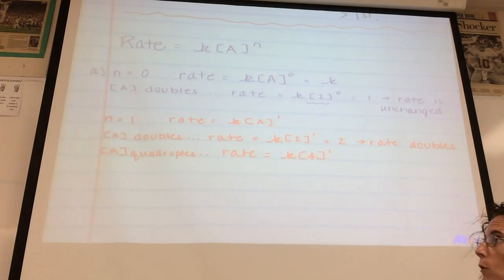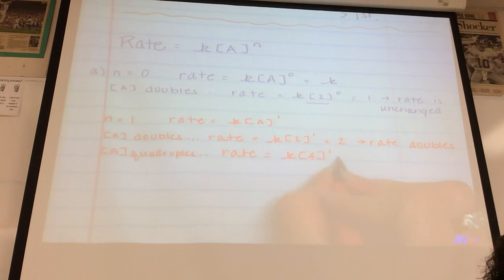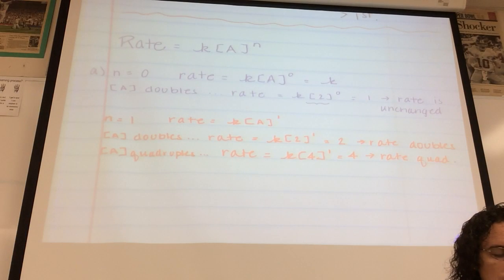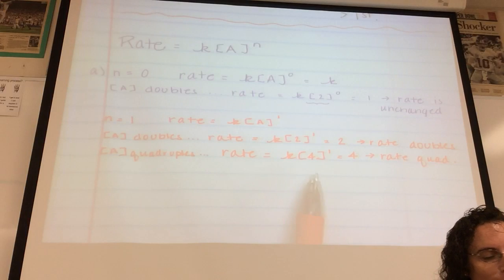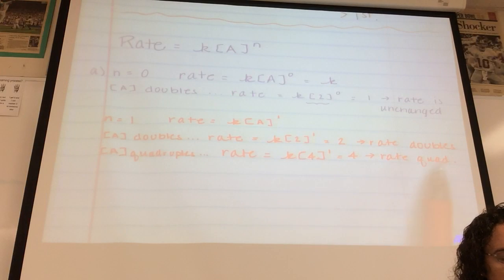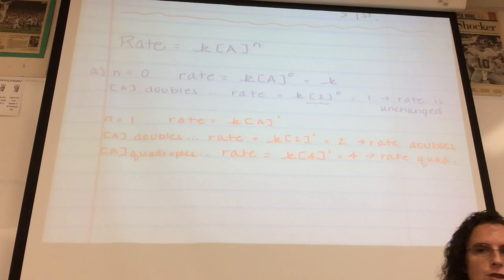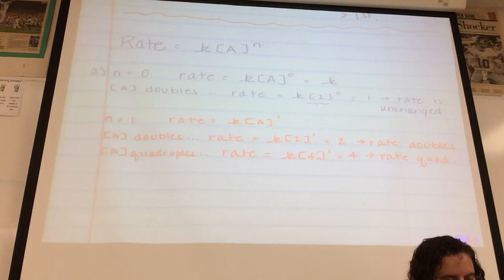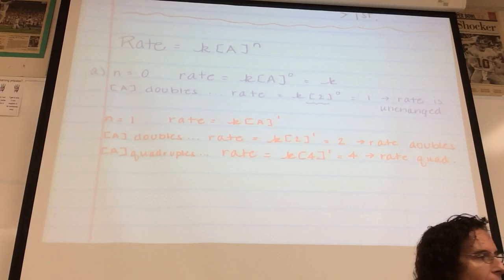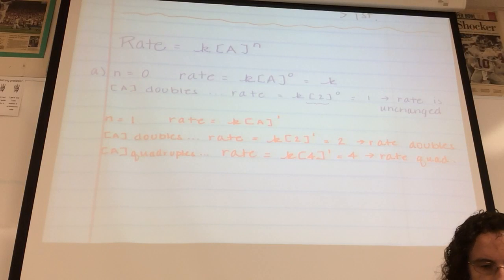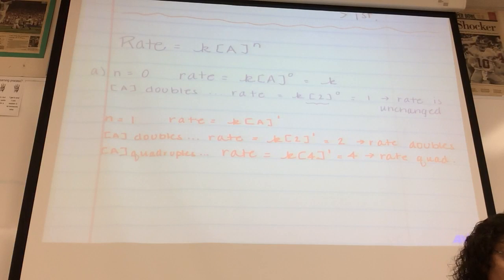So I'm going to put a 4 in there now. That's 4. So the rate quadruples. So if it's first order, whatever you do to the concentration is what happens to the rate. So if you half the concentration, the rate is halved or decreases by a factor of 2, and we'll get into that in a little bit.